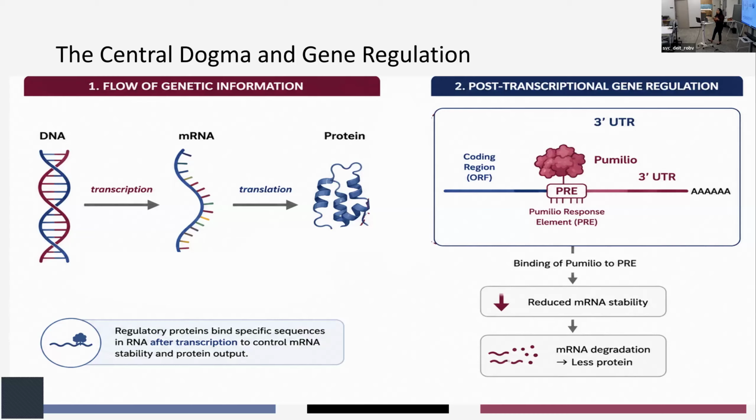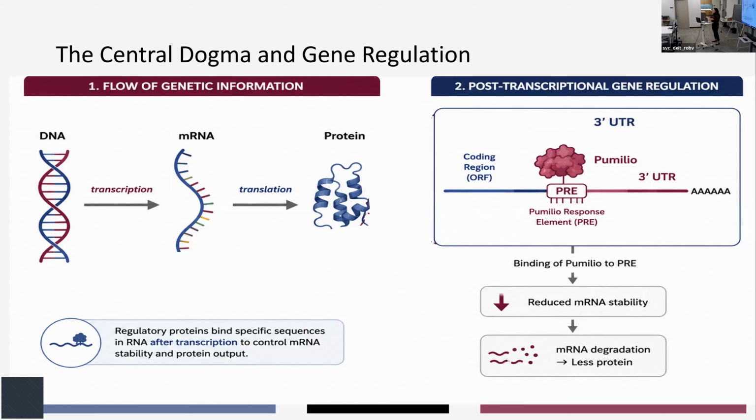So, for example, if cells start to produce a lot of growth factor protein, what happens? It results in uncontrolled cell growth and cancer. So the cell needs to carefully control protein production.